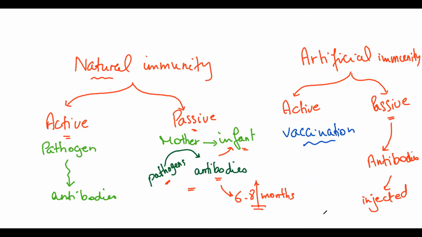that affects, like for example, this pandemic that we are suffering from, this COVID-19, they started to take the antibodies that are formed in the bodies of the people that were infected, the people that recovered. Their bodies have antibodies against COVID-19.